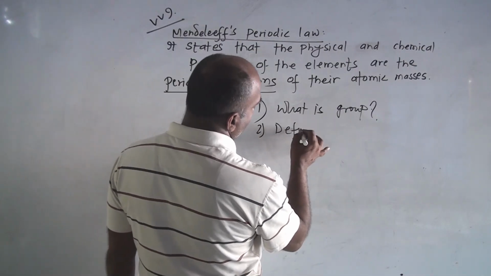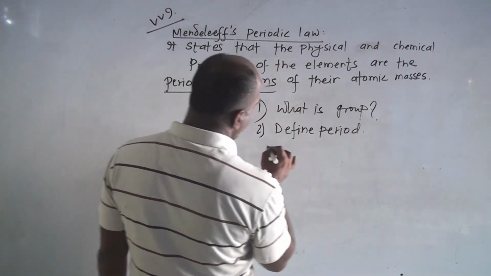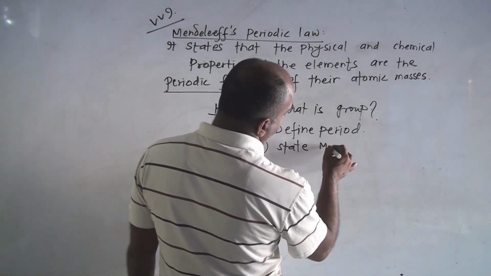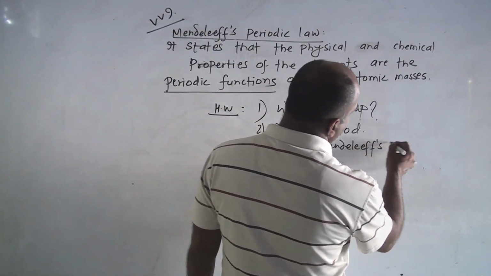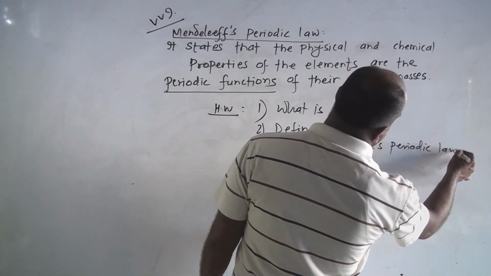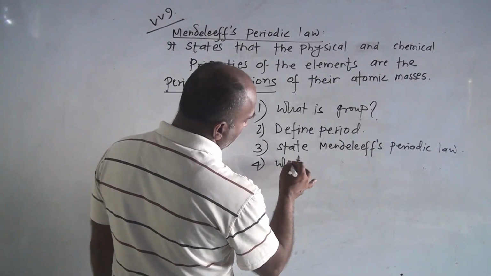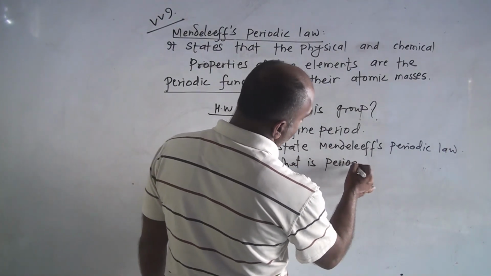Define period. Number 3: State Mendeleev's periodic law. Number 4: What is a periodic table?